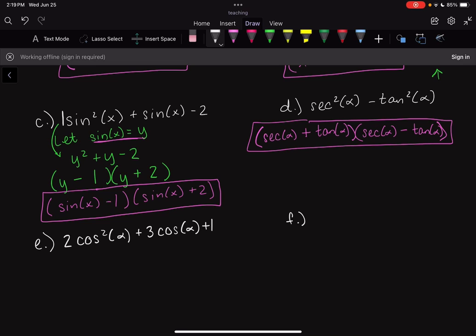And we'll do this one as well. Let's do a tangent. Let's do 2 tangent squared alpha minus tangent alpha minus 1.